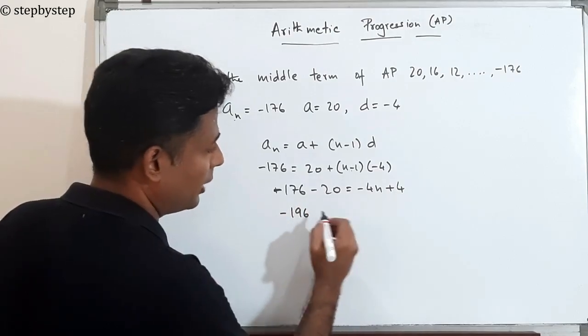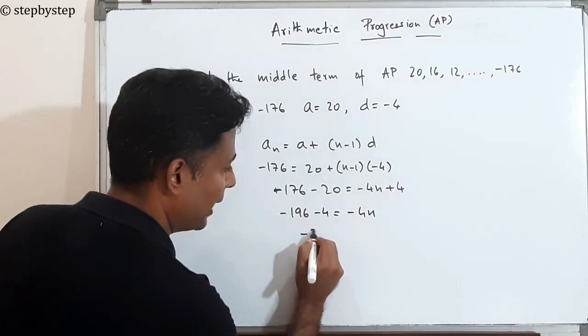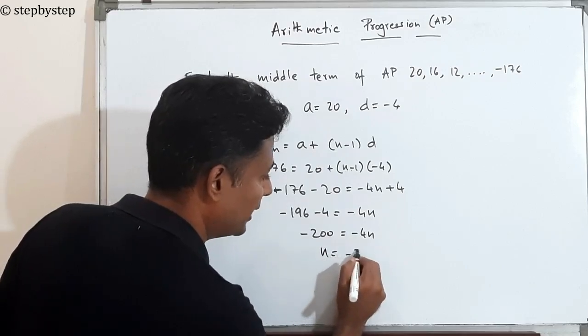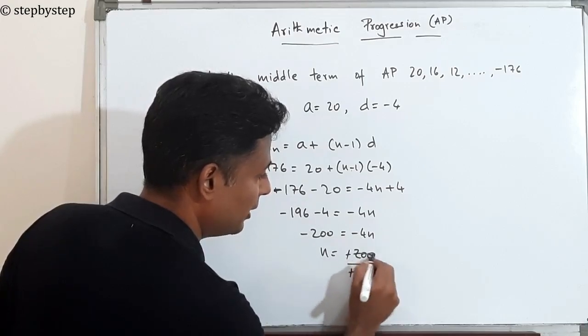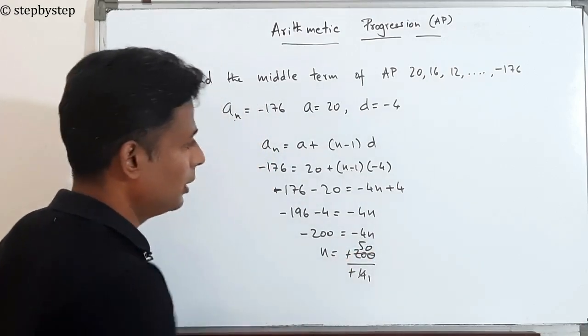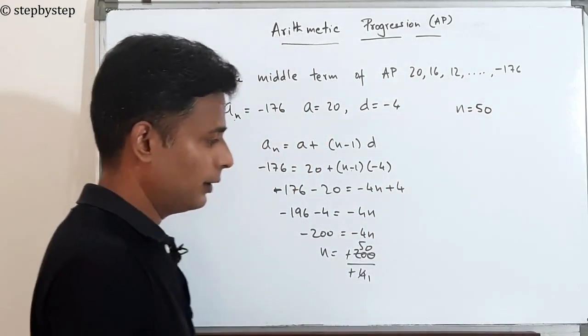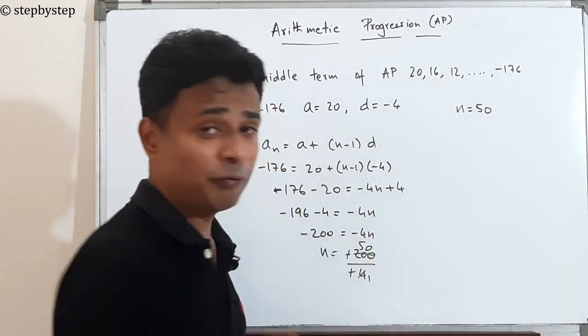I transpose this 4, it becomes minus 200 equal to minus 4n. So n equals minus 200 by minus 4. 4 fives are 20, so 50. So what is the value of n? n is equal to 50, right? Which means there are 50 terms.